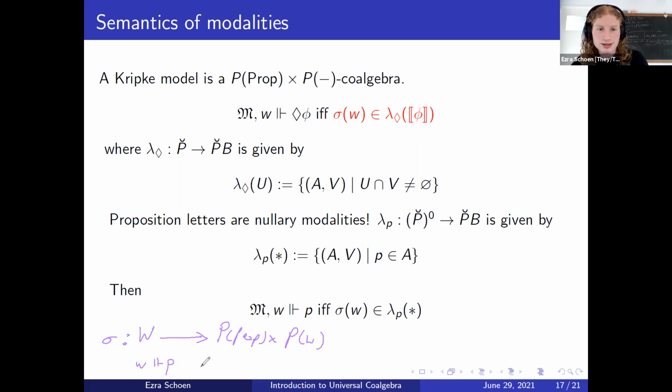That should be if P is in the first component of the unfolding. So I take the unfolding of W, which gives me the proposition letters which are true there and the successors. P is said to be true at W if it occurs in the first component of this unfolding. This is what I'm saying here: I accept those unfoldings where P is in the first component.